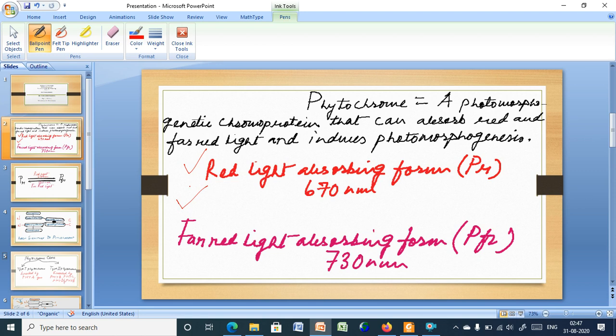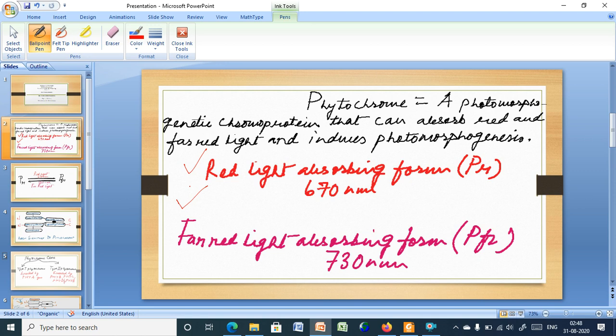Now, if we characterize these two forms, the PR form or the red light absorbing form absorbs at 666 to 670 nanometer, is blue in color, and most importantly, this is actually an inactive form.